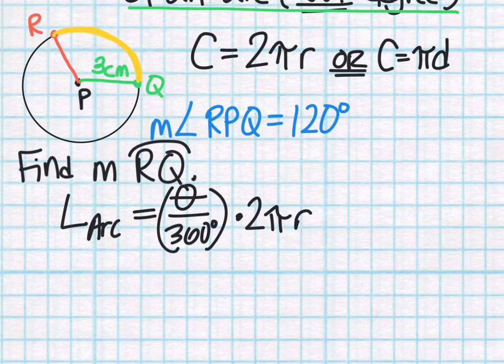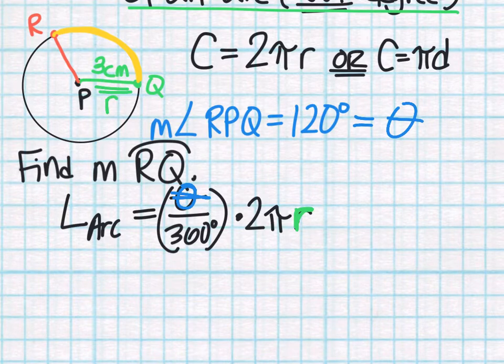So, looking at this example, I have everything that I need to know to be able to do this. So, theta, this angle 120 degrees is my theta out of 360, and my radius right here is given to me. That is this 3 centimeters.